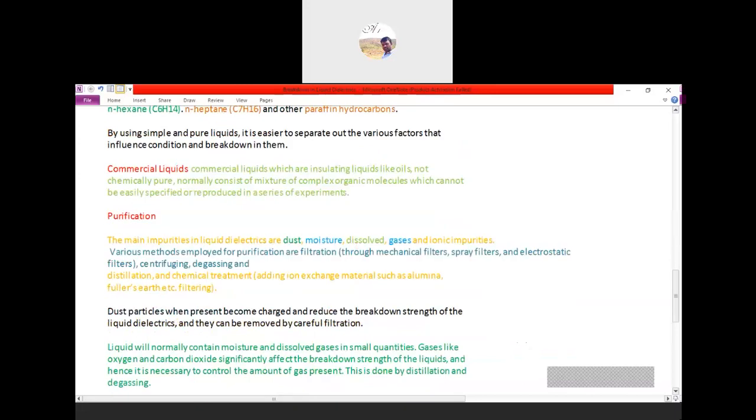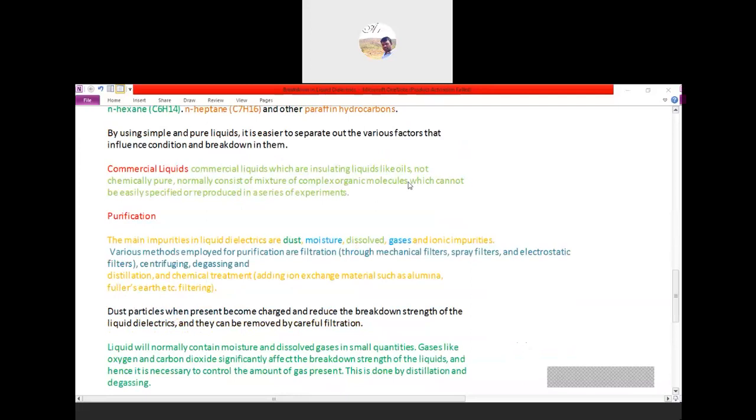If we remove the capacitor oil and replace it with askarel oil, the overall size of the capacitor will increase by more than 30%.